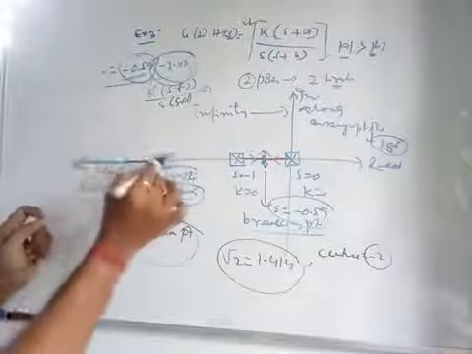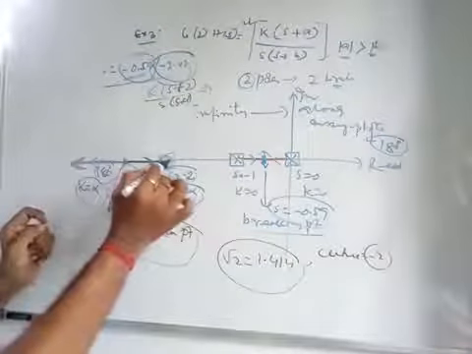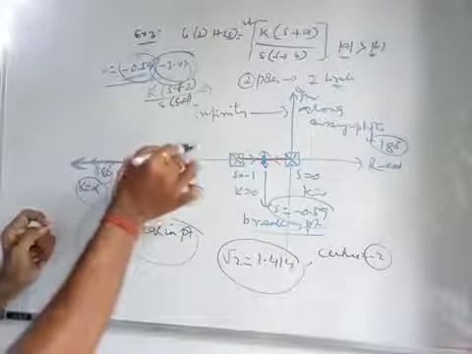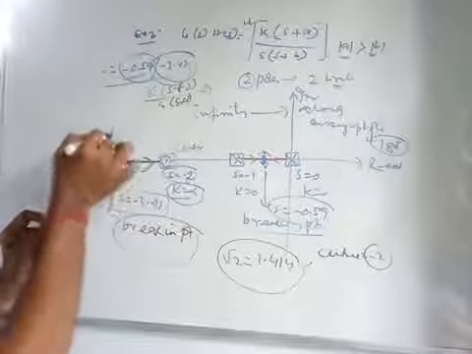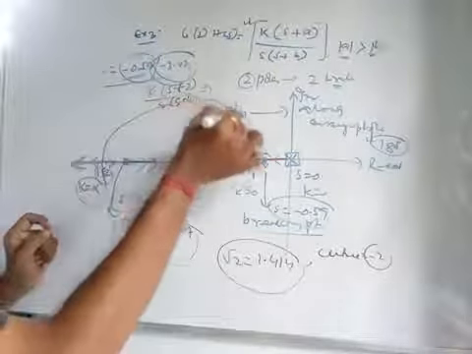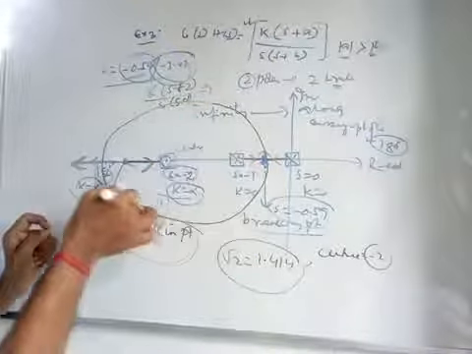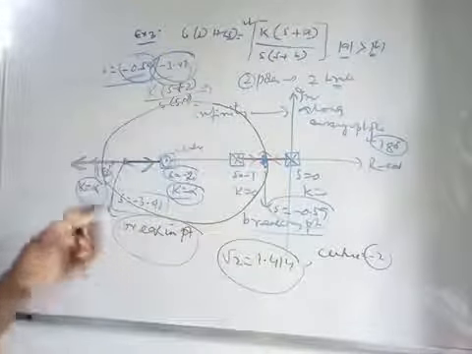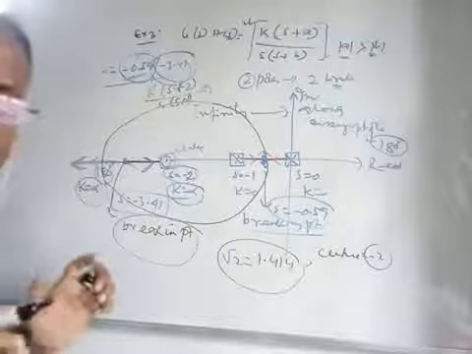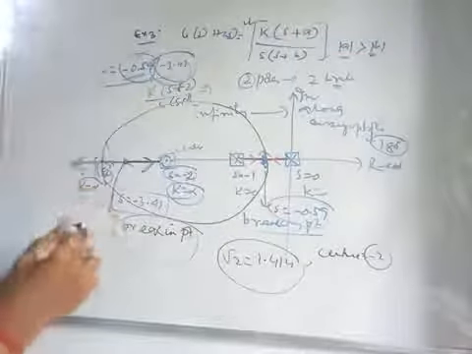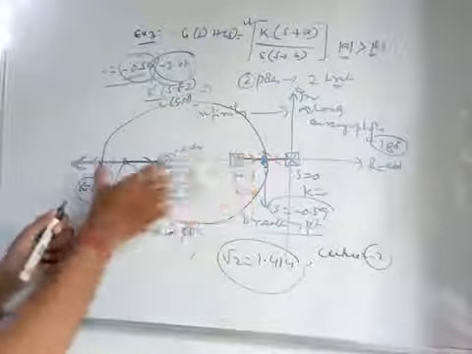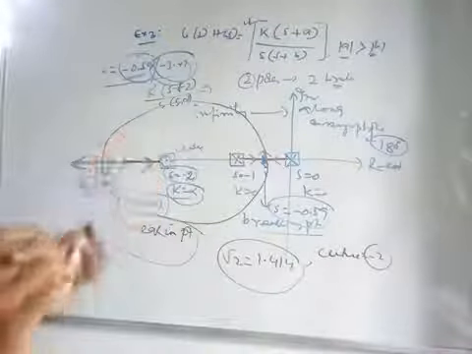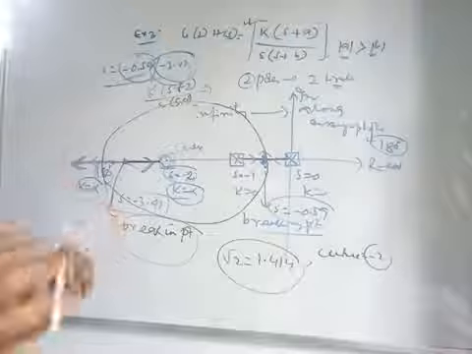If this is your center, this is the kind of picture you are getting. I will redraw the structure clearly so you will understand. This is your center, and this is your radius, and this is your radius, right?